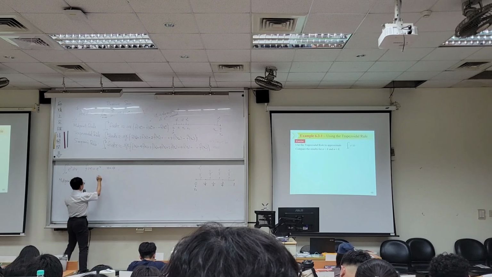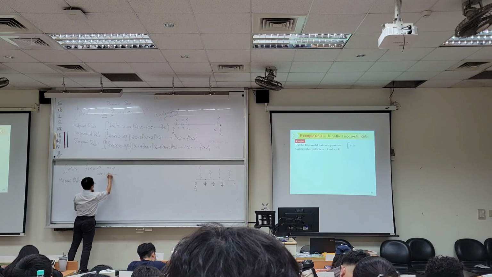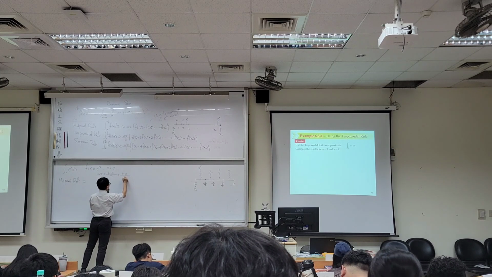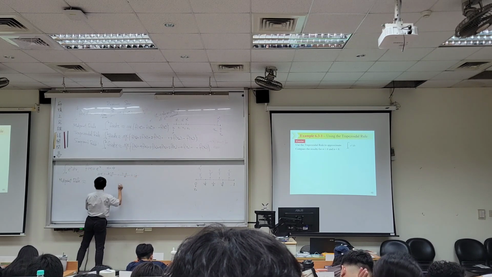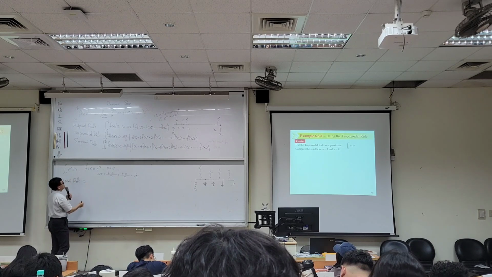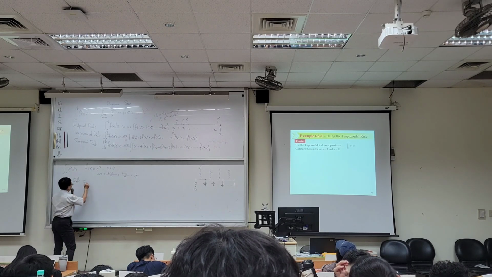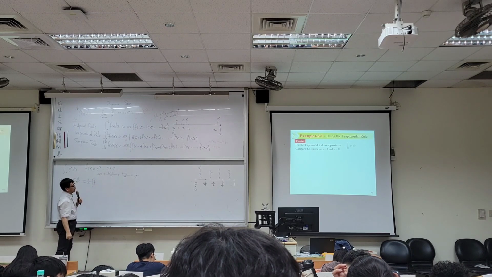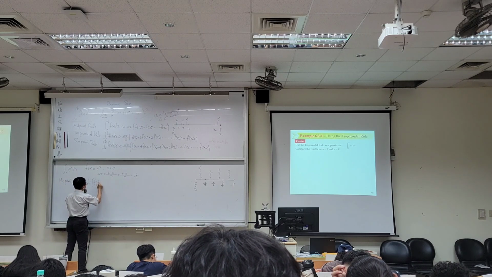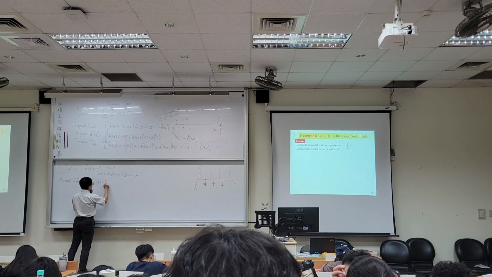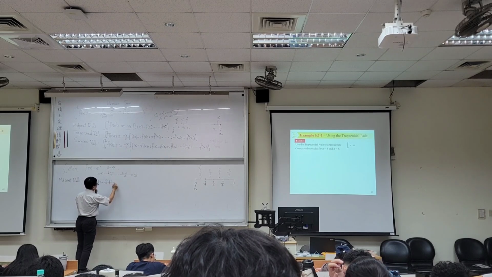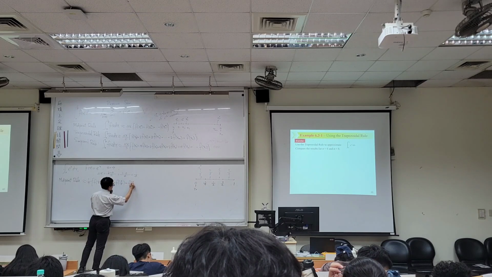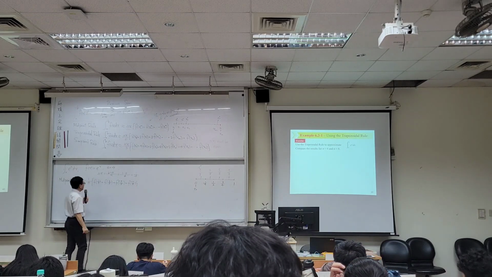So the midpoint approximation: delta x will be equal to (b minus a) divided by n, so 1 minus 0 divided by 4. So delta x is equal to 1 quarter. And I plug in 1/8, 3/8, 5/8, and 7/8.